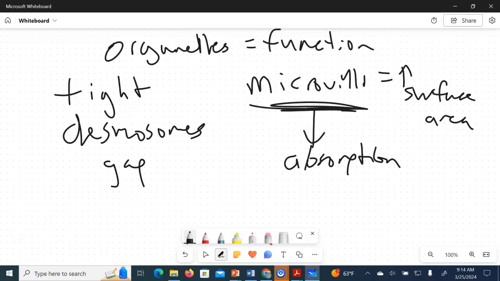More surface area, more stuff we can move. So things that would have microvilli, like the lining of your intestines where we're absorbing nutrients. Things where we don't need microvilli, you know, the heart, the bladder, we're not absorbing stuff there.